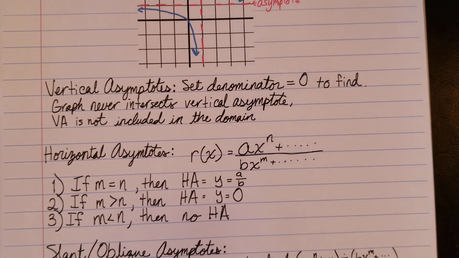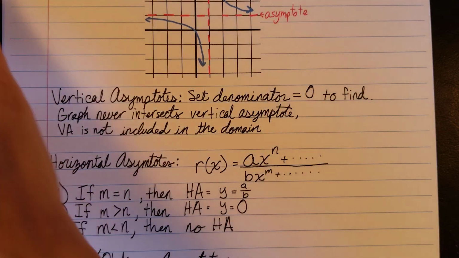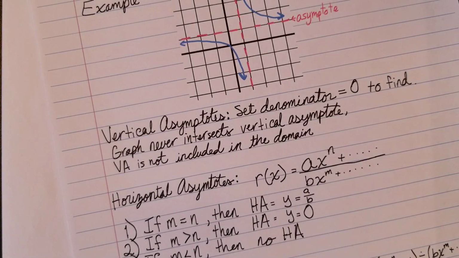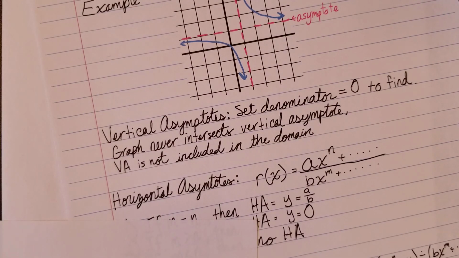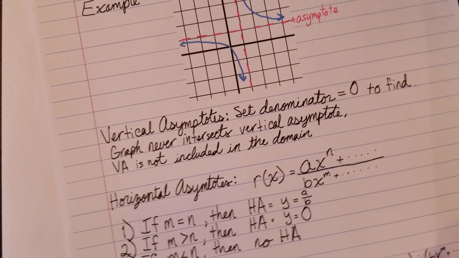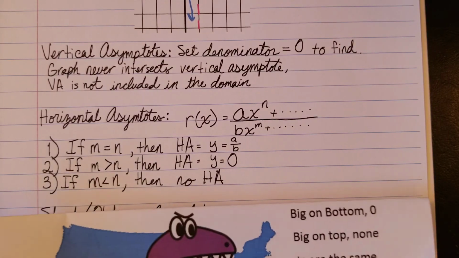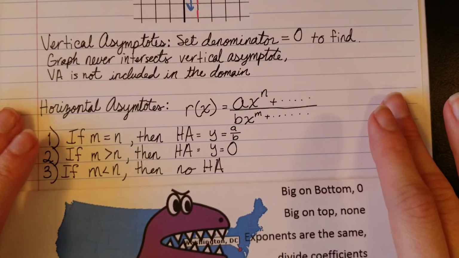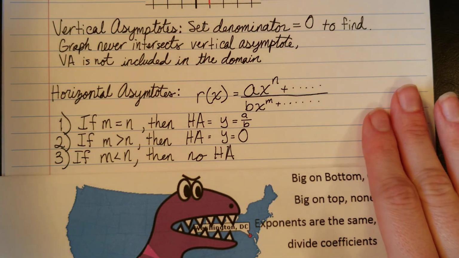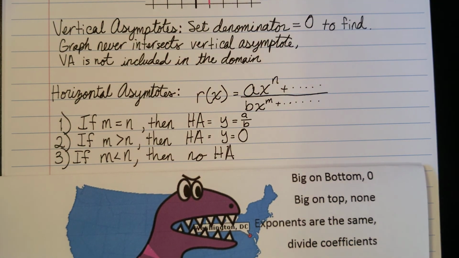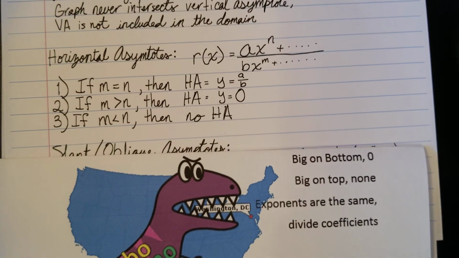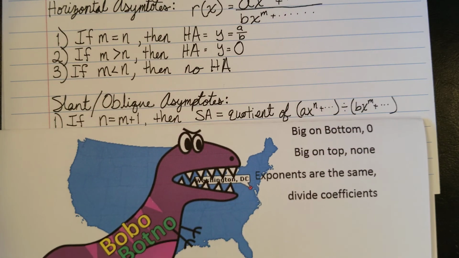And anyways, this silly little picture is Bobo Botno eats DC. That is just an acronym to help you remember.